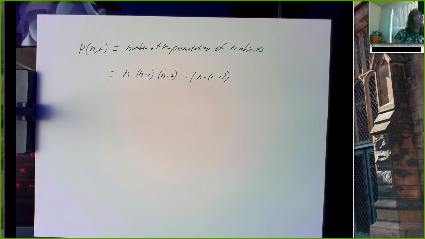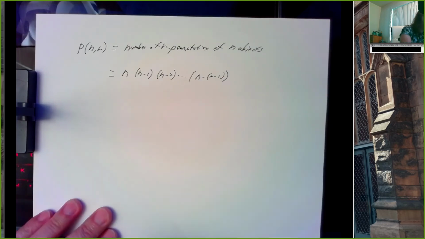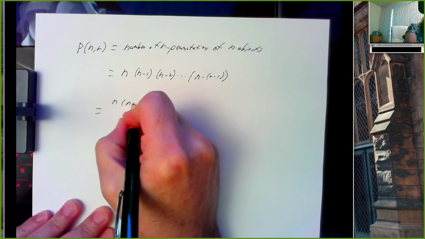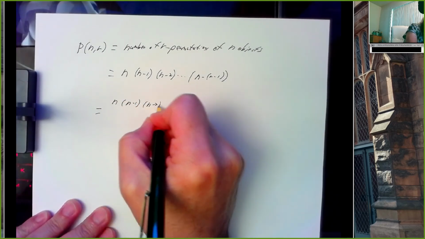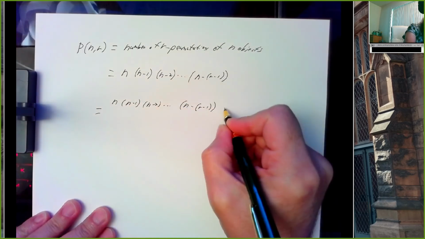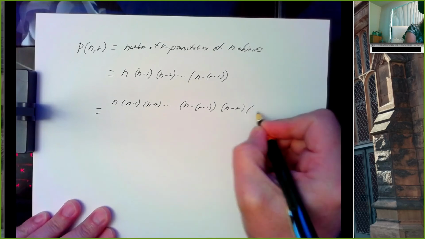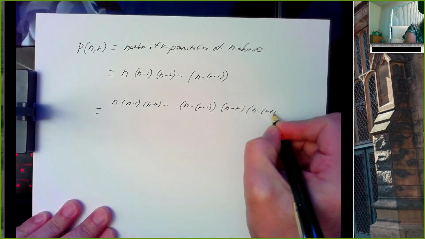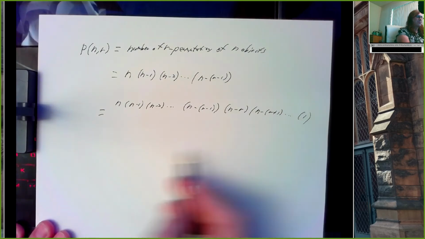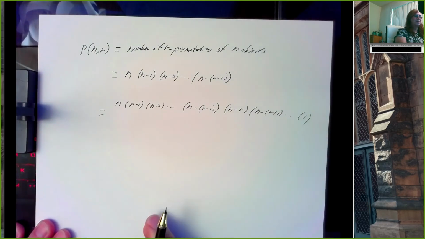But if we do the math and think about factorials, these numbers are getting smaller and smaller. We're going from n minus 1, n minus 2, all the way down to 1.